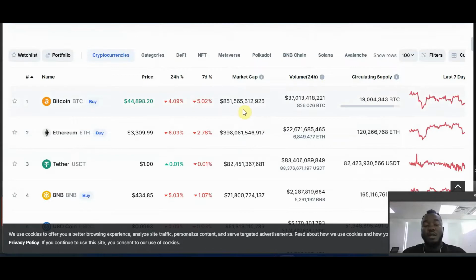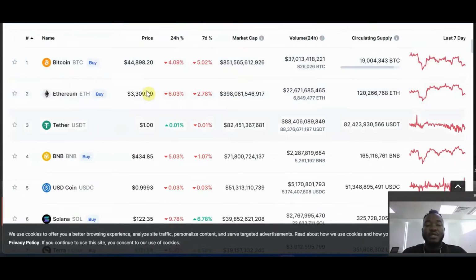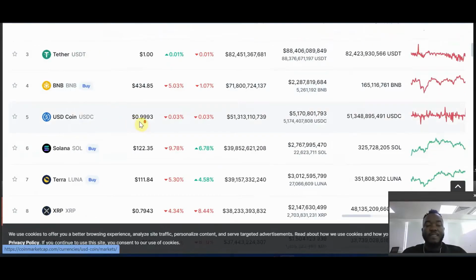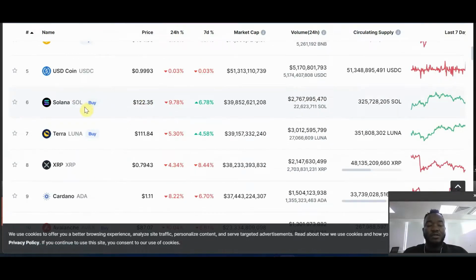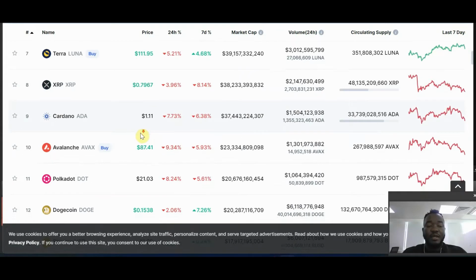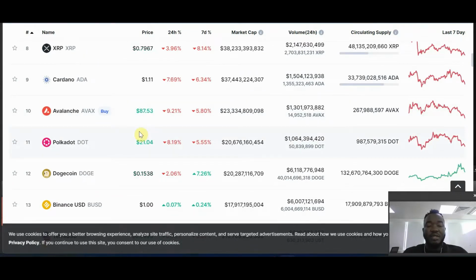Currently we are in a bear market where BTC is trading below 45k, Ethereum is trading below 3.35k, BNB is at 430, and among other coins, Solana is at 122, XRP at 0.79, and many other coins like that.